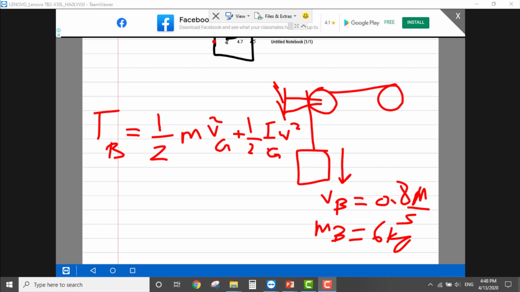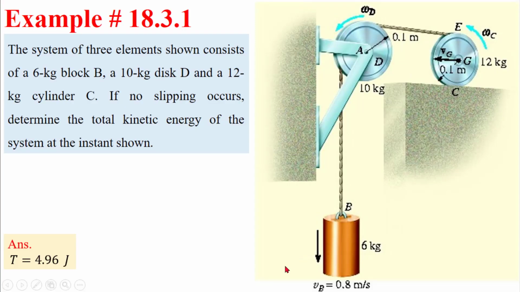Now this body, you can tell easily that this block is doing only translation. Okay, so if I go back to the PowerPoint, you can tell easily that block B is just translate. As this disc rolls, this cylinder rolls, okay, what will happen to this one?